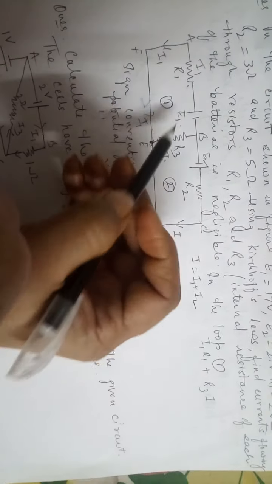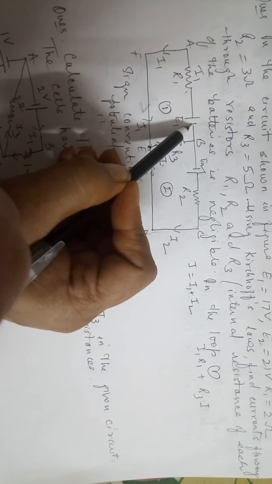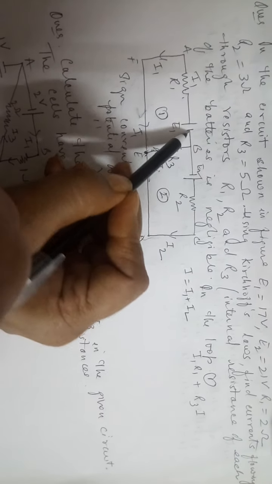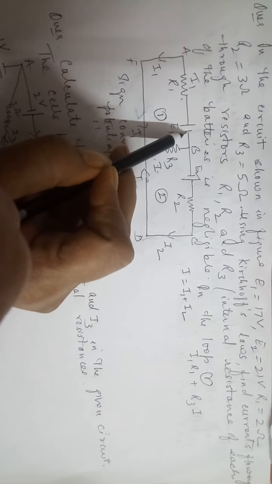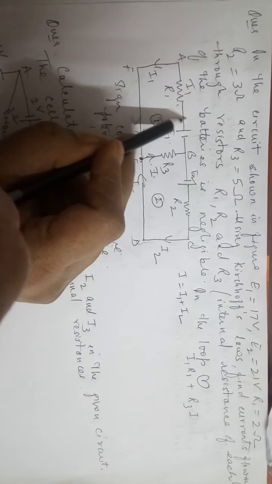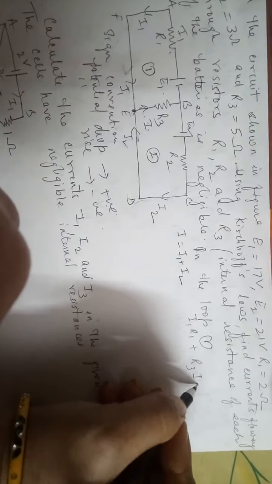This becomes R3 I. And if we see the direction, from lower potential to higher potential, negative is lower potential and positive is higher potential, so there is a rise. So E1 will be taken as negative. We can write here minus E1 is equal to 0, or let us write the equation.